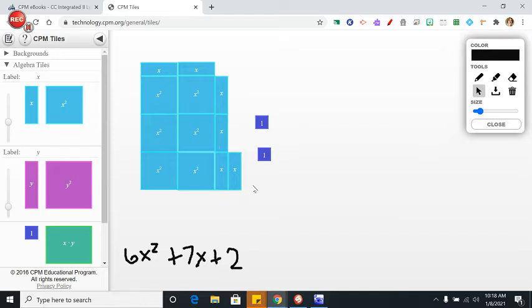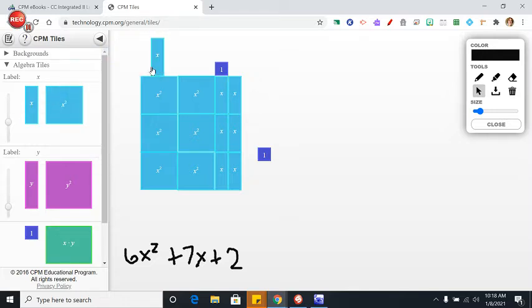Let's see, 6, 7. How do I make a rectangle with these? 6x squared plus 7x plus 2. Oh, I could just keep these here, huh? Oh wait, that doesn't work. Oh, I've only got 6 of those.